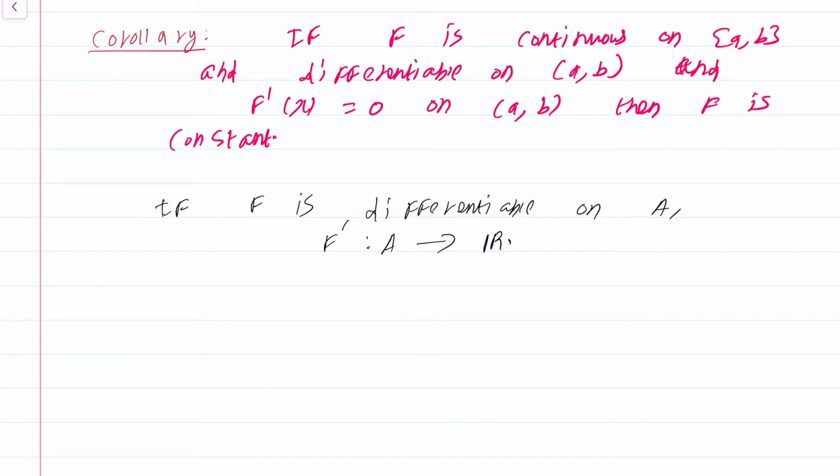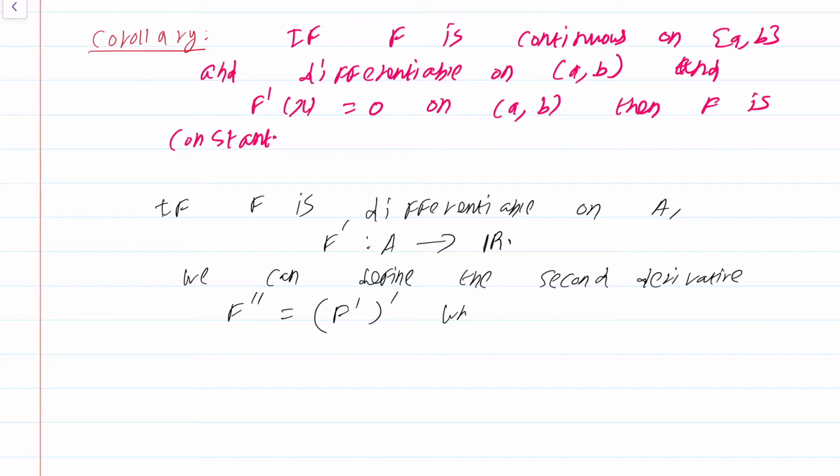Well, we can define the second derivative. The second derivative of f, we write it as f double prime, which is just f prime prime, whenever it exists.